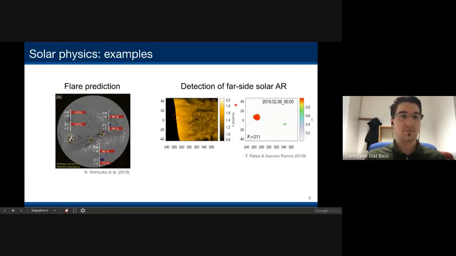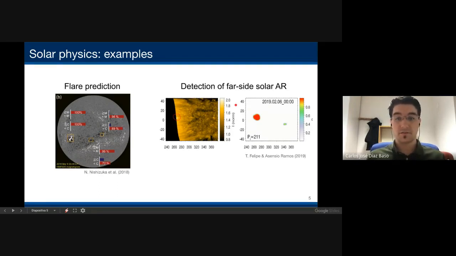So before showing some of our results, I just wanted to highlight some examples in the literature where these techniques are being used. For example, in flare prediction, analyzing the features of each active region and trying to predict the probability and the magnitude of a flare.